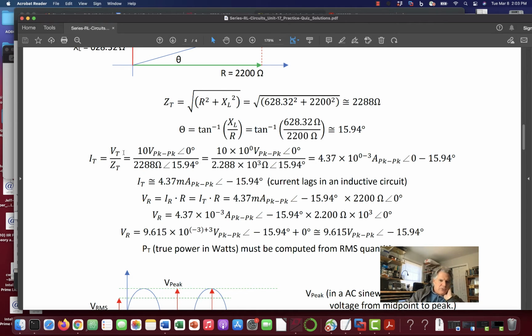Just like we did with the lab problem video, we're going to find the total current. It will be the total voltage divided by total impedance. And so I have 10 volts peak to peak at 0 degrees divided by 2.288 k ohms at 15.94 degrees. So I do all this stuff, and I wind up with a current of 4.347 times 10.